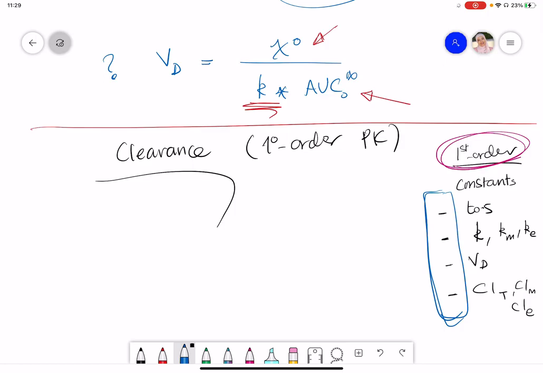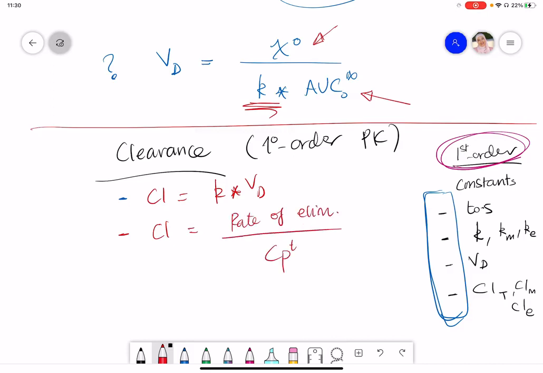For the clearance, we used different equations to calculate it. We have clearance equals K multiplied by VD. We have K equal to the rate of elimination over concentration.